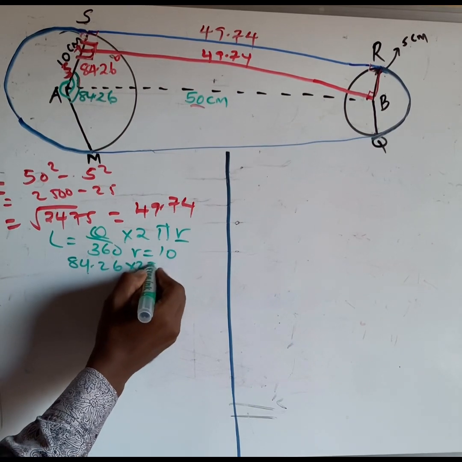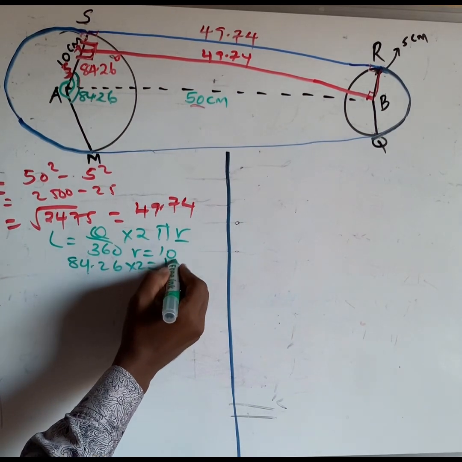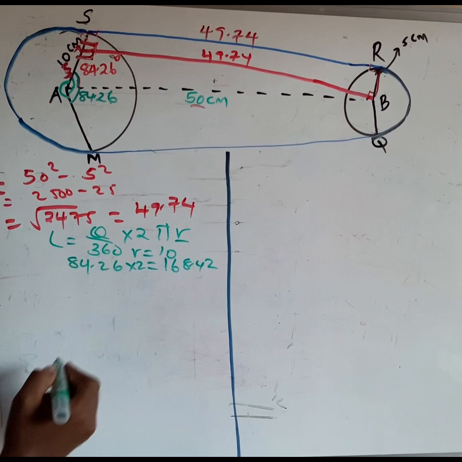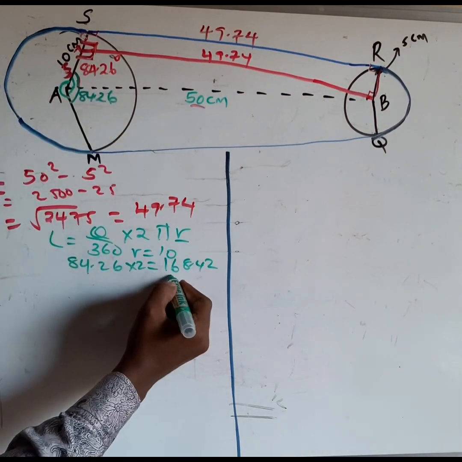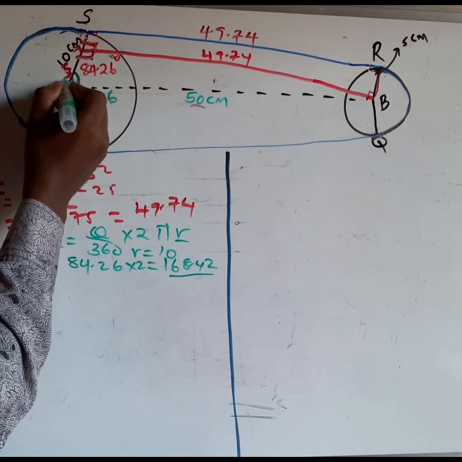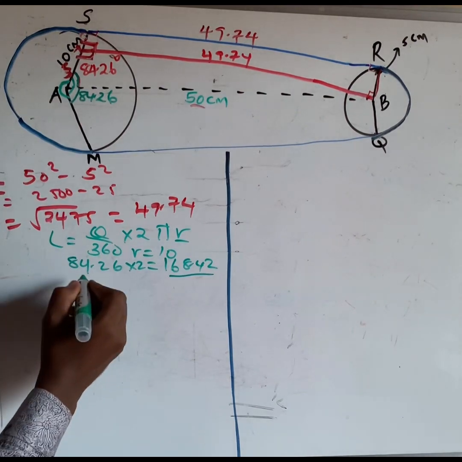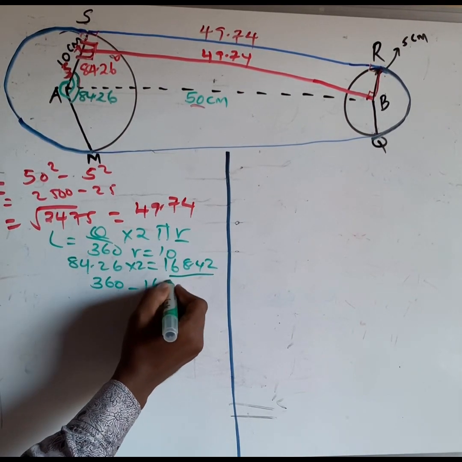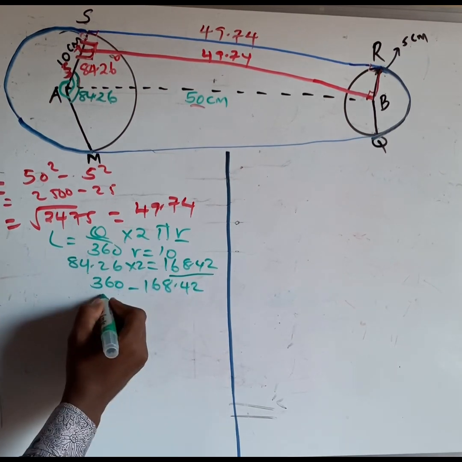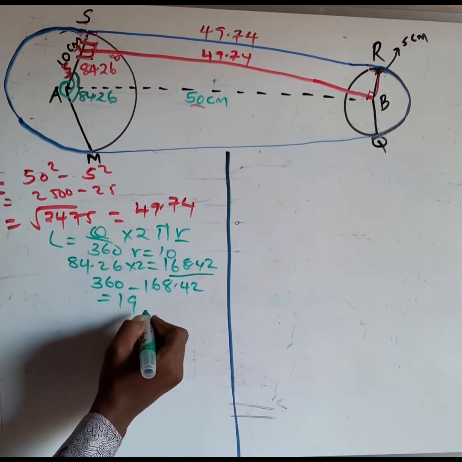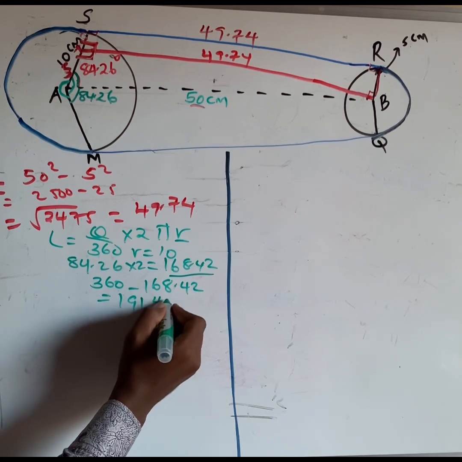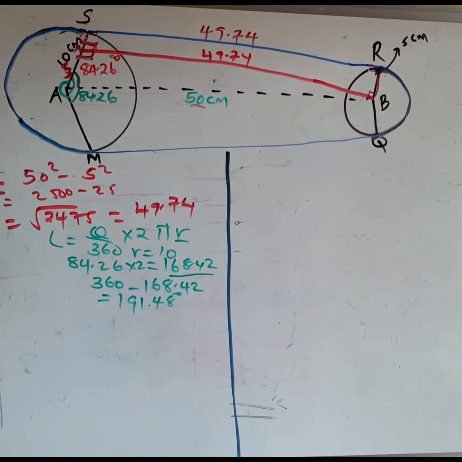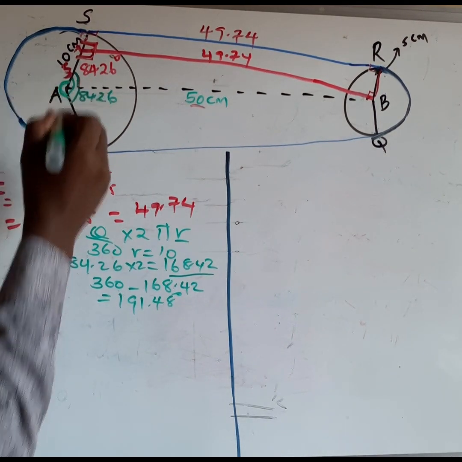When you add them together, the total of that angle is 84.26 multiplied by 2, which gives us 168.42. Since we have the total of this as 168.42, we can get the total of these by subtracting from 360. We'll have 360 minus 168.42. This will give us 191.48 degrees. So we have our theta here now.